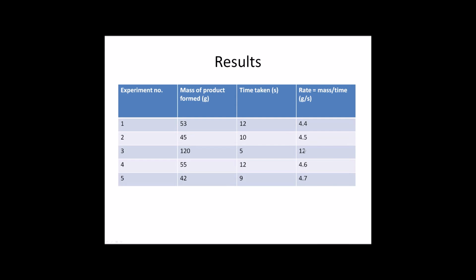So if you were to calculate the mean of this in an exam, you wouldn't do 4.4 plus 4.5 plus 12 plus 4.6 plus 4.7 and divide that by 5. You would ignore the 12. You could even cross it out if you wanted, and then do 4.4 plus 4.5 plus 4.6 plus 4.7. Divide the answer by 4 instead of 5, and that would give you your mean.